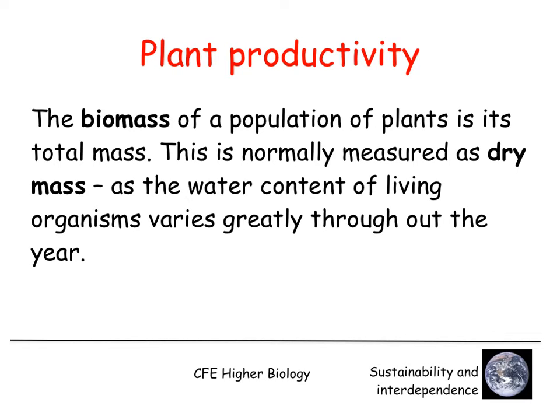It can vary throughout the year. So you want to find out how much of your crop that you're growing, what its biomass is. You don't want to be measuring water that might be good one week and less water the next week or whatever. You want to actually measure the mass of the living cells that you've produced in that crop.